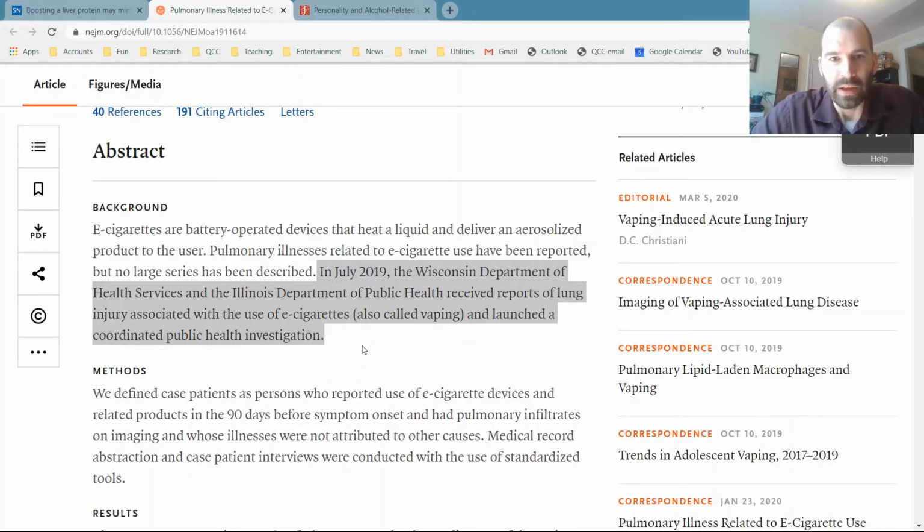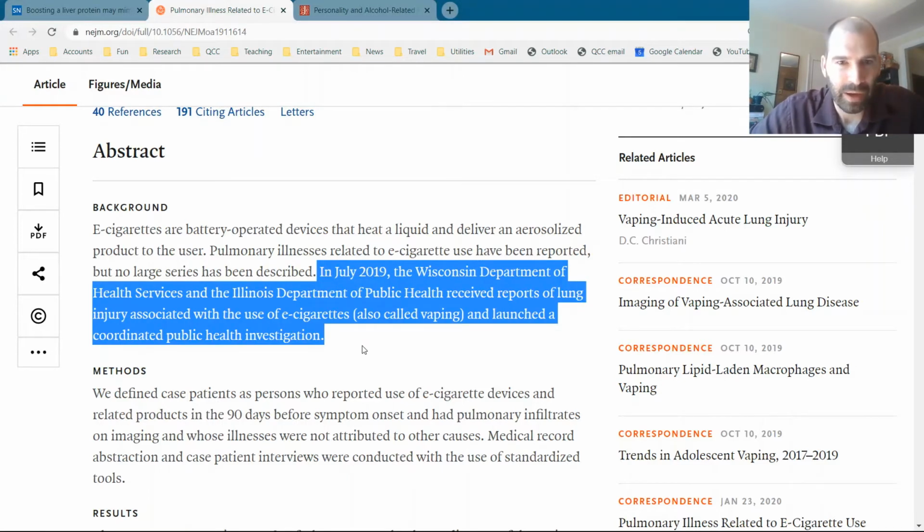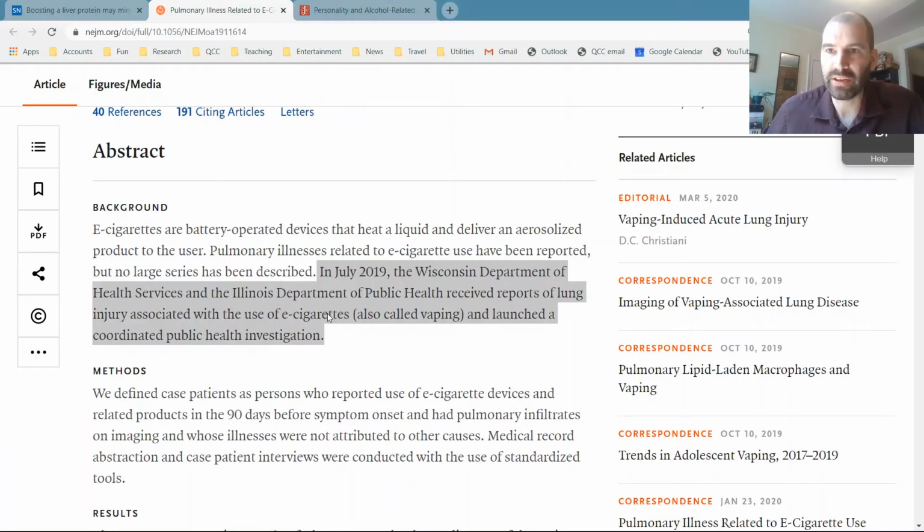Okay, so let's see what we have here. They received reports of lung injury associated with the use of e-cigarettes. So what was being caused here? What was being caused was lung injury, that's what's suggested here.